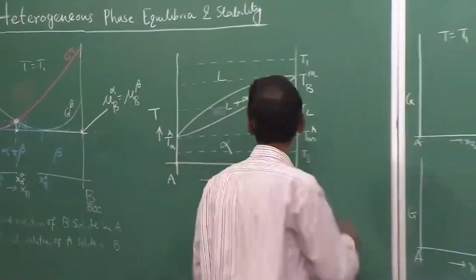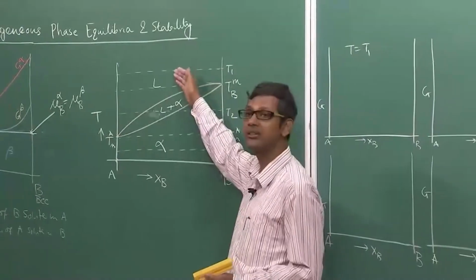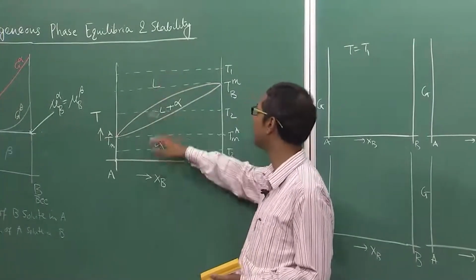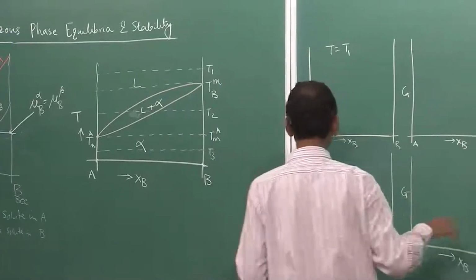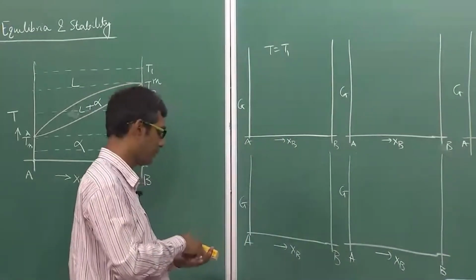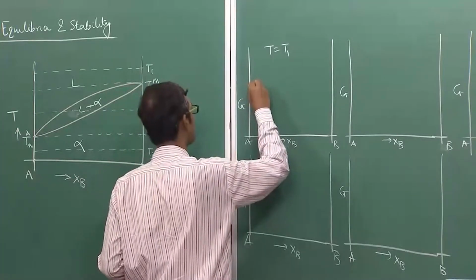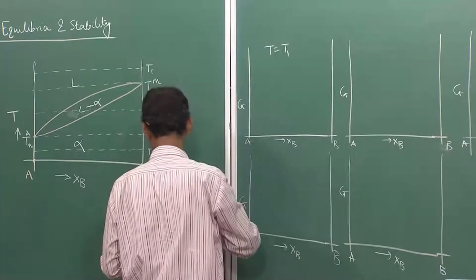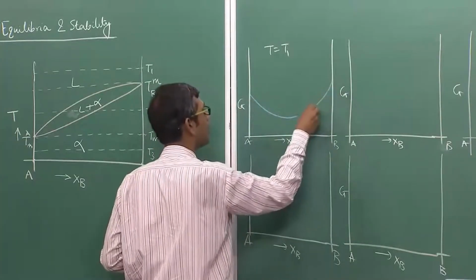So obviously at temperature T1, liquid is the stable phase. You can see here alpha is not stable at all. That means at all compositions from A-rich to B-rich, the liquid free energy curve will be lower. So I am drawing liquid using a blue color.